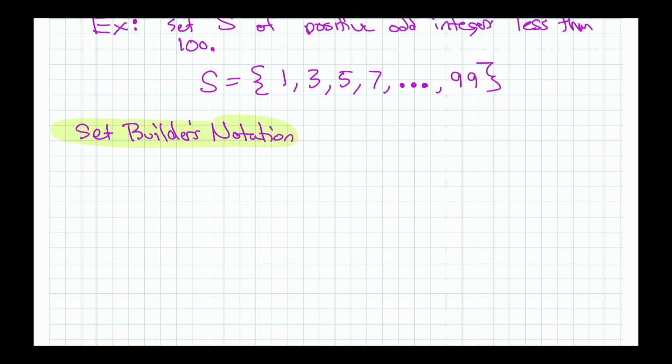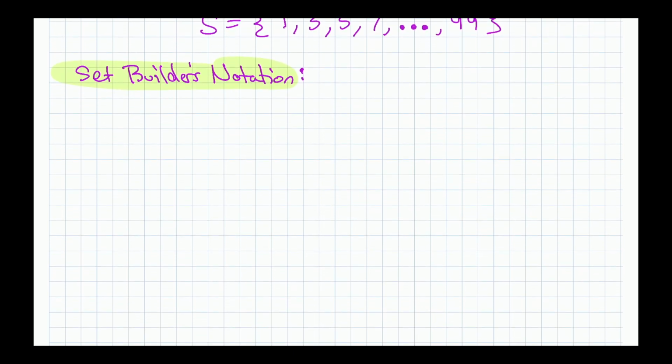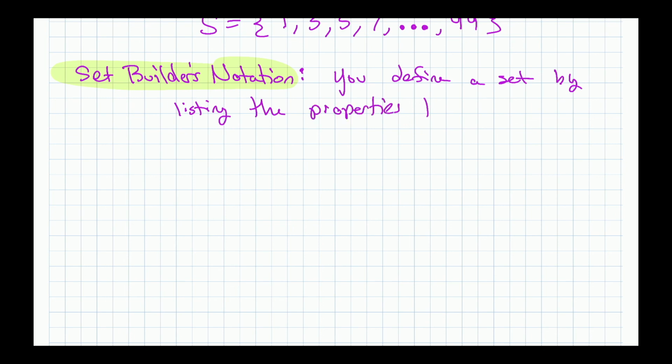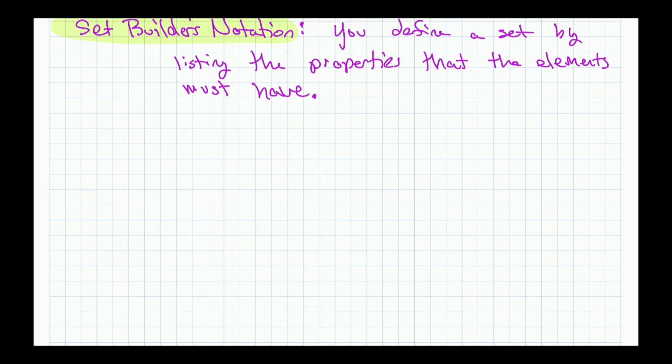What set builder notation is, you define a set by listing the property or properties that the elements must have. Okay, and there's kind of a way that you do it. So I'll write an example and then I'll point out the parts.